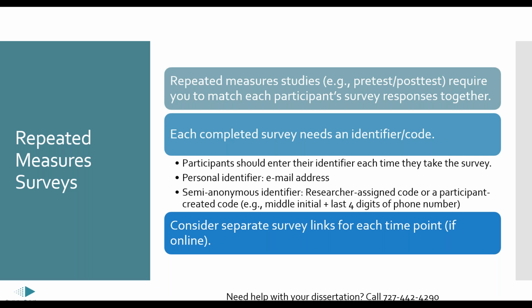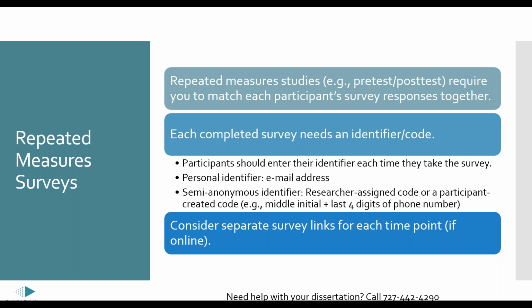So for instance, maybe you're doing something like a pretest, post-test study where you have participants fill out the survey as a pretest, and then maybe a week or 2 weeks or a month later, they fill out the survey again as a post-test after they have gone through some kind of intervention or some kind of condition where you'd want to assess their post-test.